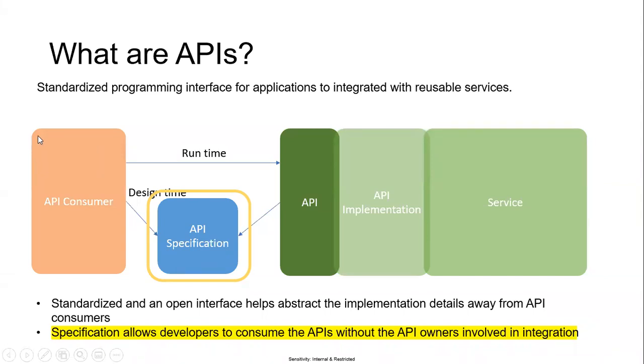Quick recap: we have an API consumer who looks at an API specification to see what the API does, and then there is an actual API that is implemented that conforms to this specification. Now, if we want to see in detail what an API specification looks like, we will go forward to the next slide.